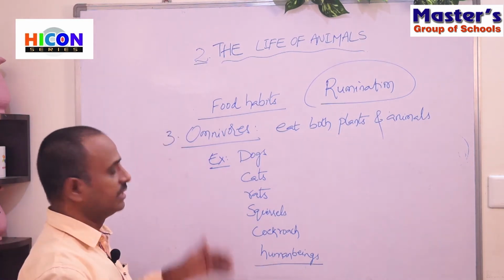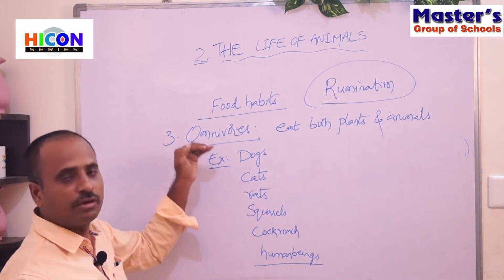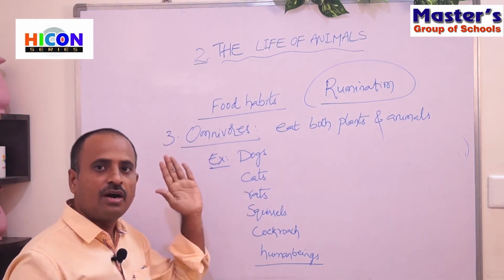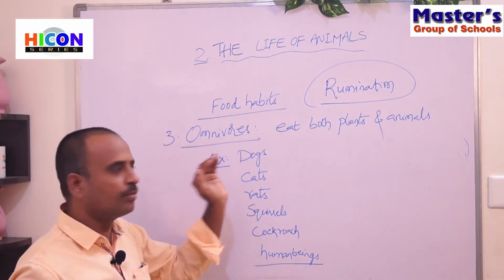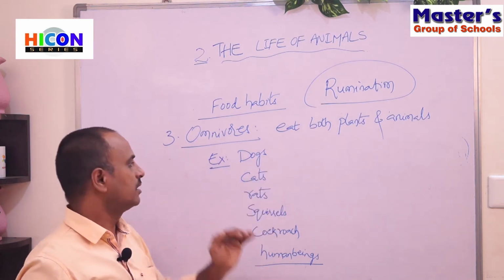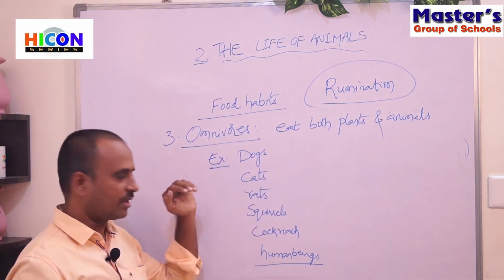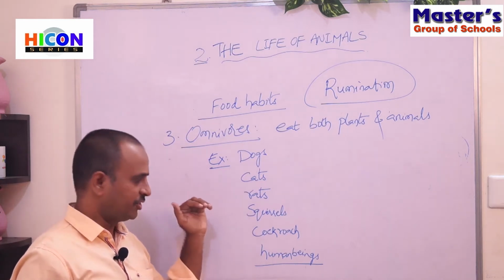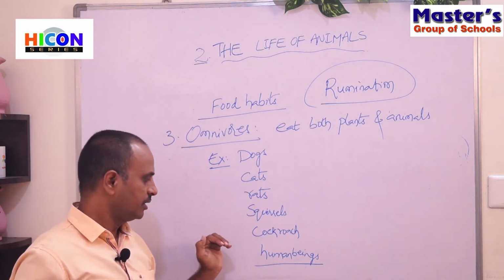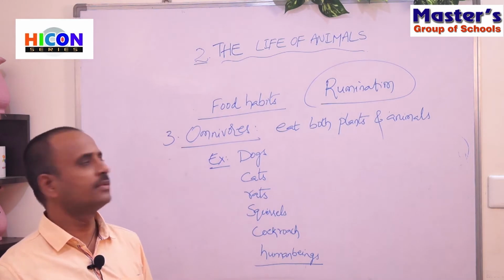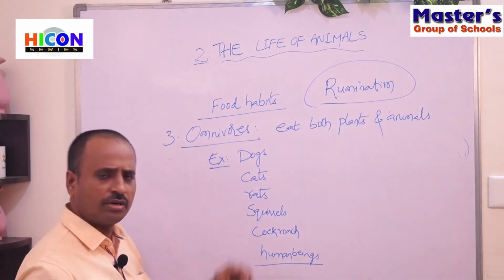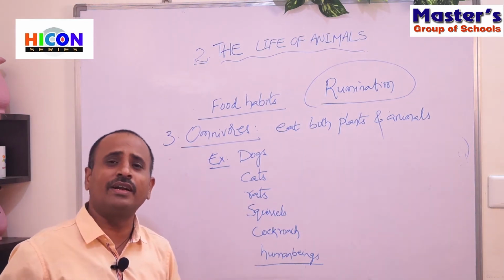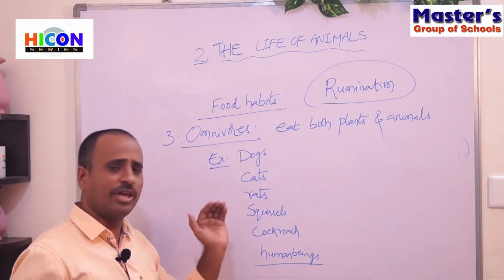So children, these are some examples for omnivores. Omnivores are those which can eat both plants and animals. Some examples are dogs, cats, rats, squirrels, cockroach, and human beings. They have different types of teeth in their mouth.